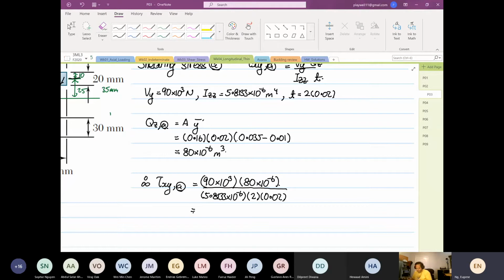So this is equal to 30.963 times 10 to the power 6 Pascal. I hope it's the same.